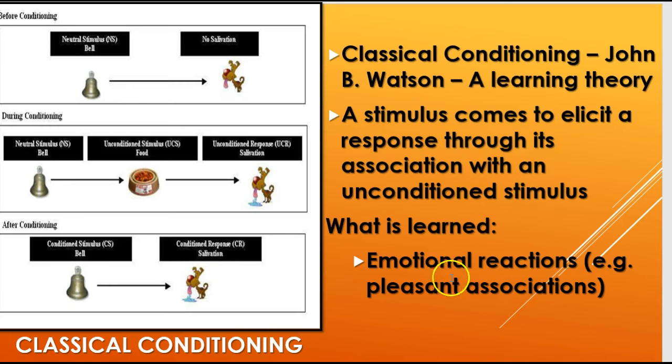What is learned is emotional reactions and pleasant association. In this diagram, we will talk more about neutral stimulus during conditioning, and we'll talk about these different stages here. We just want to briefly tell you that classical conditioning is associative learning.